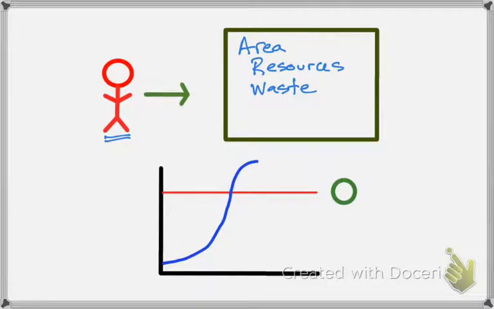This area here is, in essence, the footprint. That's the footprint of that person or that population on the planet or on the environment that is required to maintain that individual or that population's lifestyle.